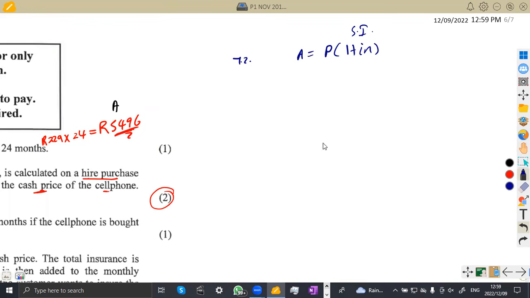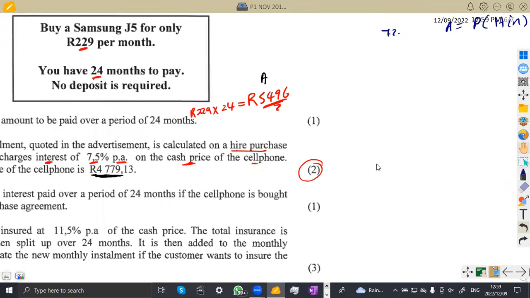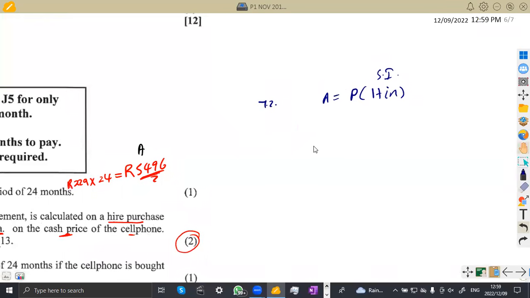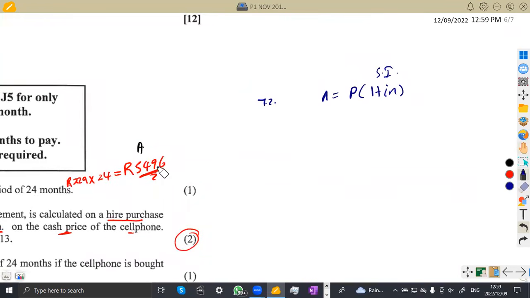The interest is charged per annum, at 7.5% per annum. So let me just write it here. We've got the amount here of 5,496.